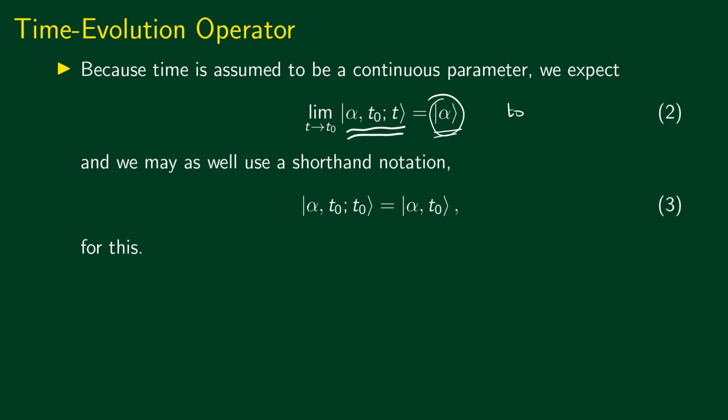So we can use a shorthand notation: ket alpha comma t0 at time t0 is equal to ket alpha comma t0. We don't have to write this t0 for the case where t equals t0. So ket alpha comma t0 at time t0 can simply be written as ket alpha comma t0, where t0 is the initial reference time.